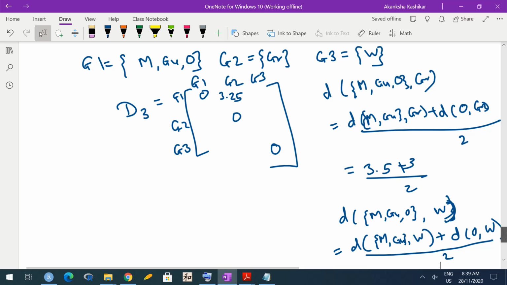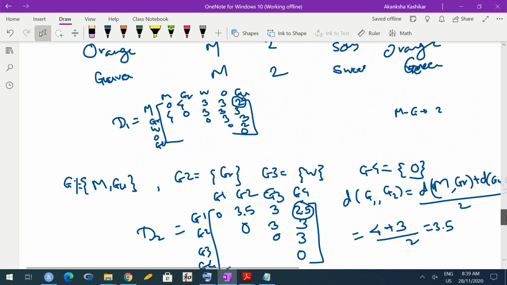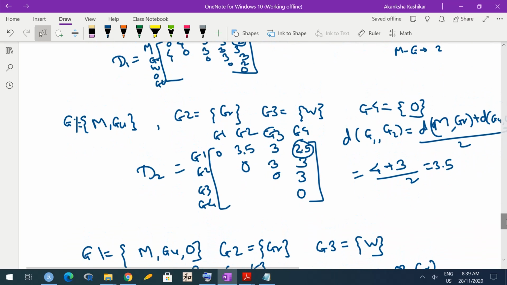So mango, guava and watermelon would become, mango, guava was G1 and watermelon was G3. So G1, G3 was 3 units, and then grape to watermelon, so G2, G3 was also 3 units.